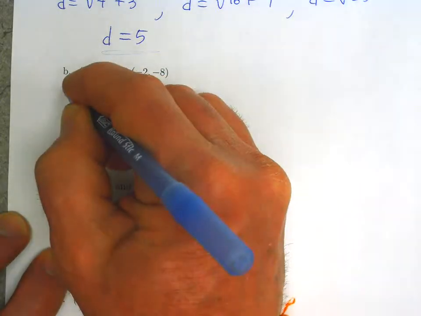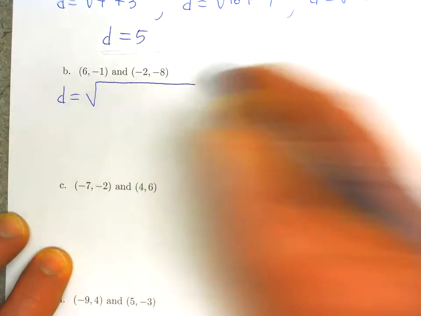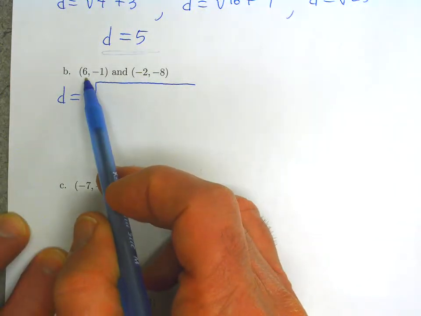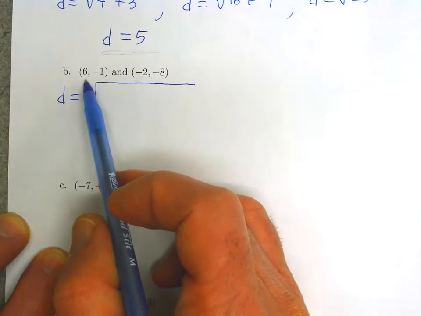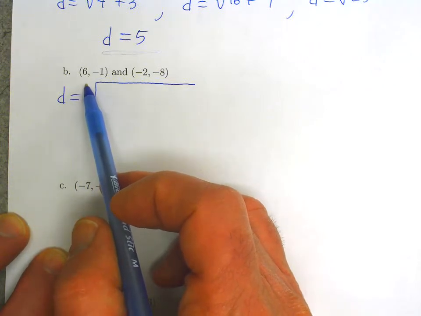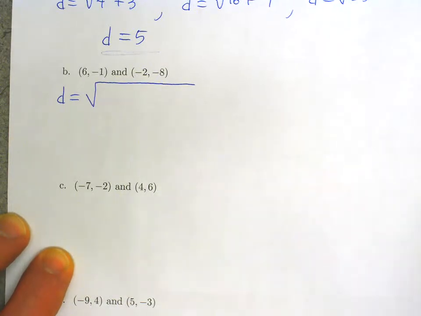Okay, so the distance is equal to the square root of, okay, so we'll start with the x coordinates. So as I mentioned, it doesn't matter which one you use as x1, y1, and x2, y2. But you might choose those just out of a strategic maneuver.